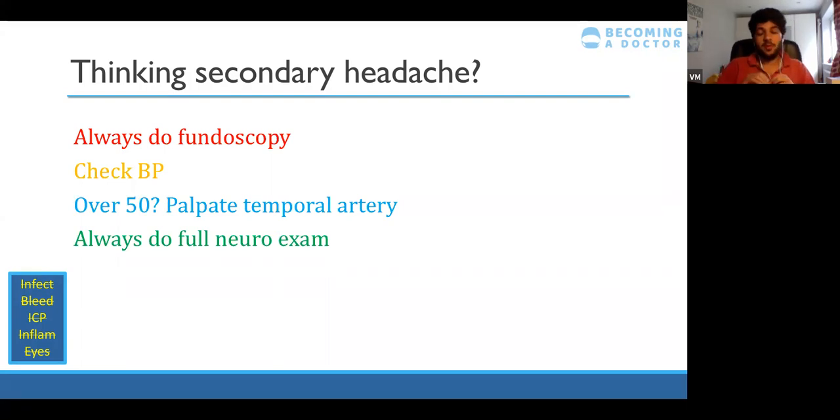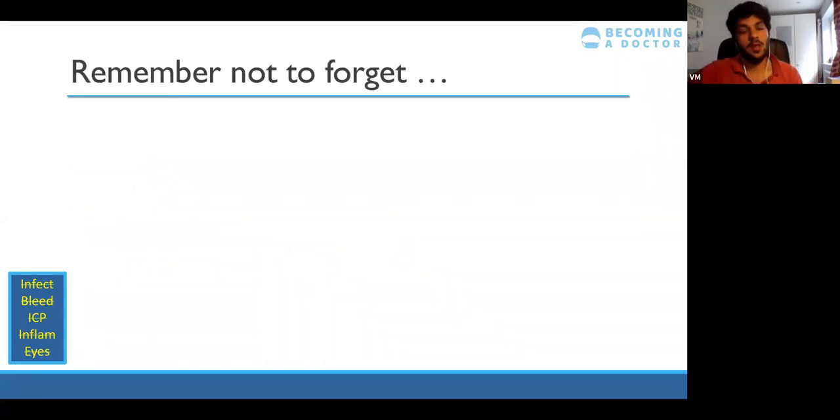So in your OSCEs, if you ever see a patient who has a headache, you would say in terms of the examinations you do: fundoscopy, palpate the temporal arteries, full neurological exam, cover all bases. And check their GCS to see if there's any decreased consciousness, because that is a bad sign.